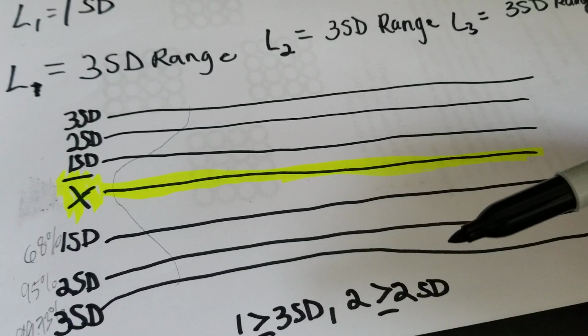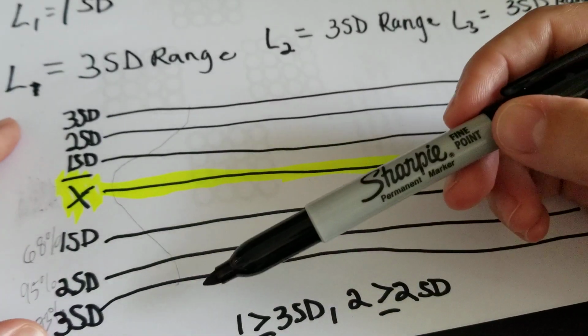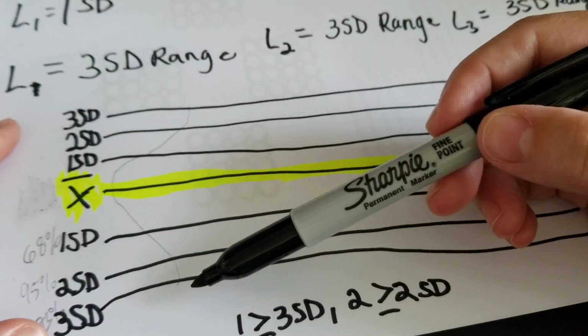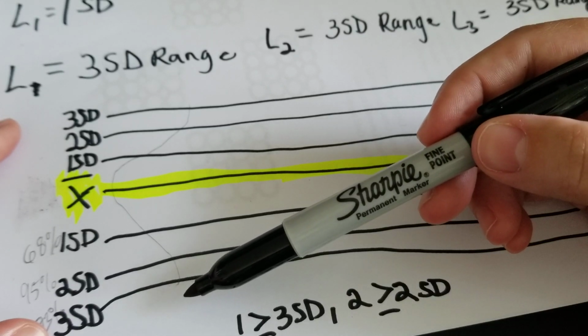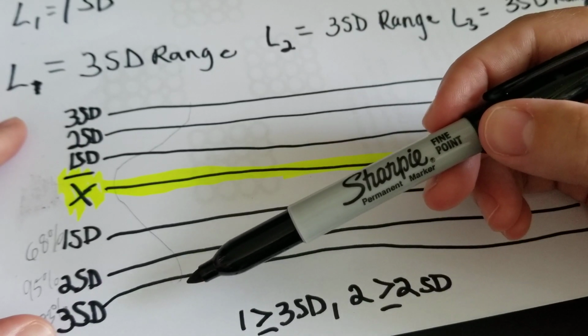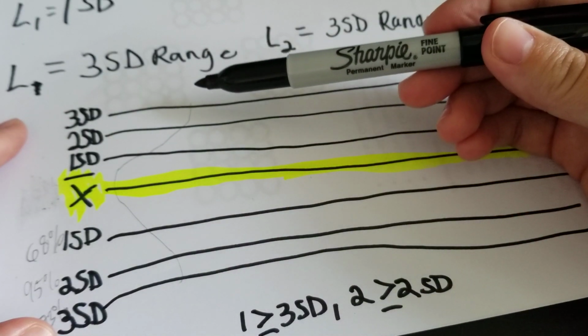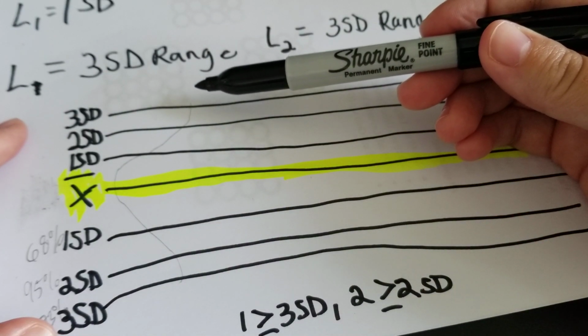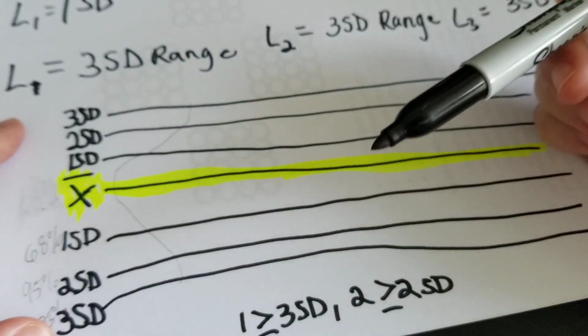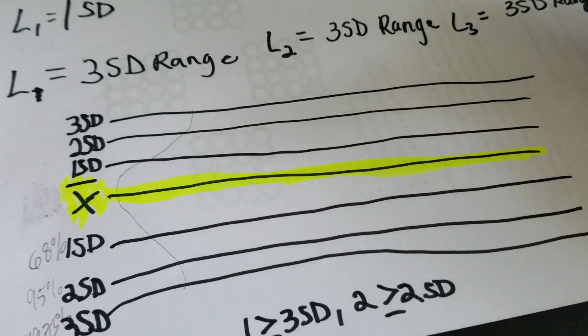So mainly what you're saying is if I have one level of QC that's out in the 3 SD range, so it's sitting outside of the 3 SD range, whether it's on the low or the high side, that is considered out of control QC, and I cannot run specimens at that point. I have to figure out what's going on. Is it a reagent problem?